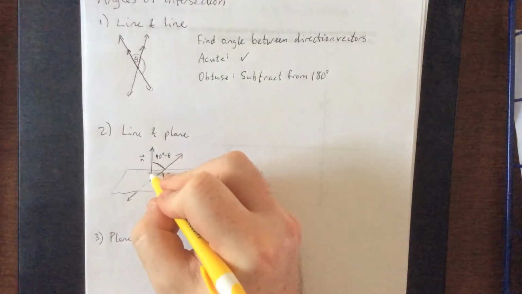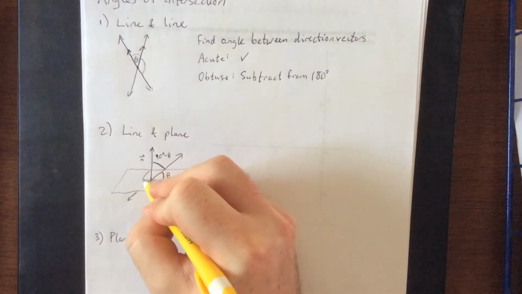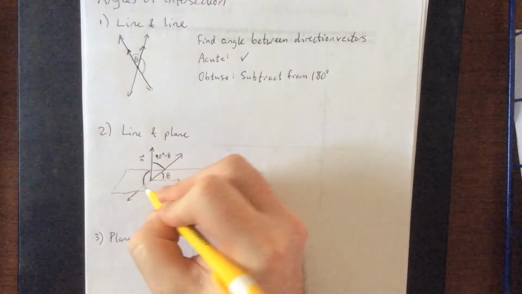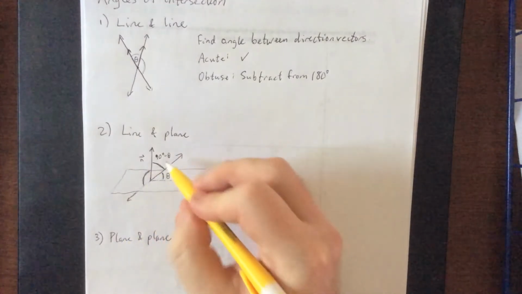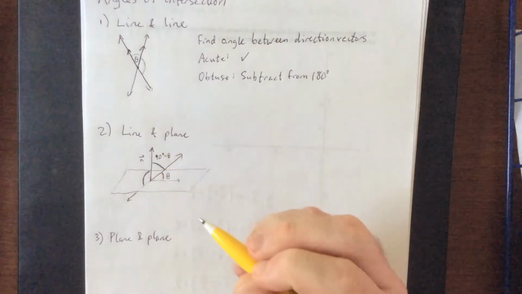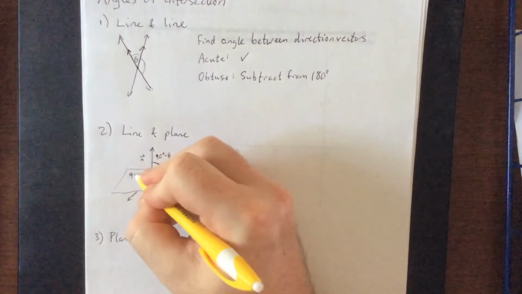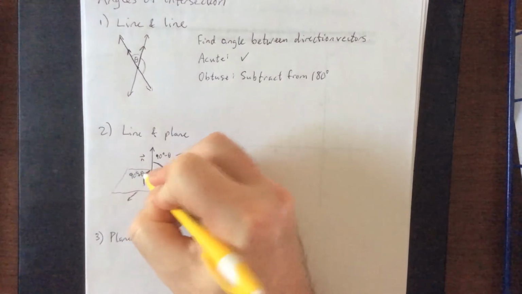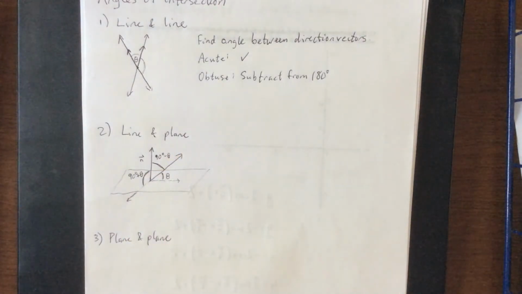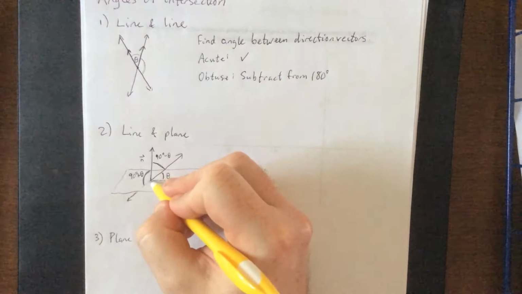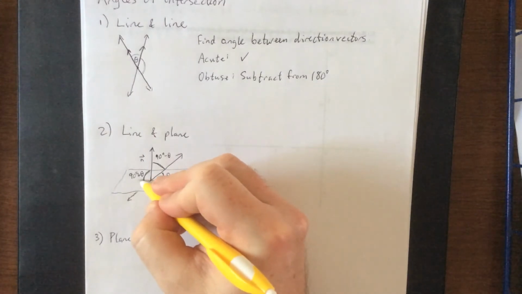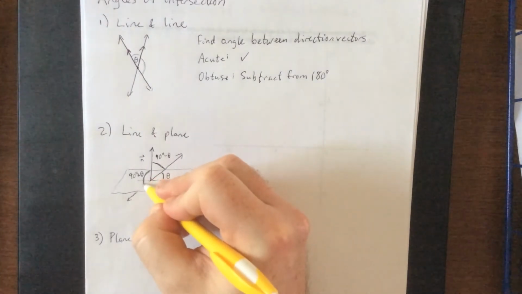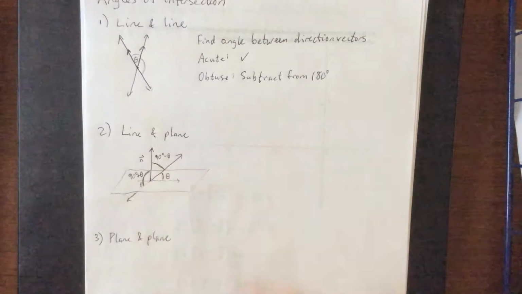So it is entirely possible that you could also be finding this angle right here. Now, in order to figure out what this would be, we'd have to subtract this angle from 180 degrees. That would leave us with 90 degrees plus whatever the angle theta is. Additionally, if we were to continue this vector in the backwards direction, I'm pretty sure that we would get that this angle right here is in fact theta.